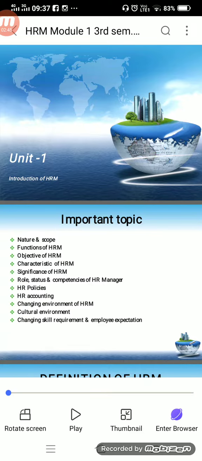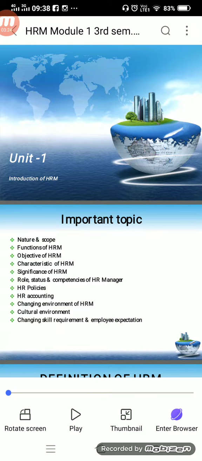Now the important topics of the first module are: nature and scope of HRM, functions of HRM, objectives of HRM, characteristics of HRM, significance of HRM, role, status and competencies of HR manager, HR policies, HR accounting, changing environment of HRM, cultural environment, changing skill requirement and employee expectations.